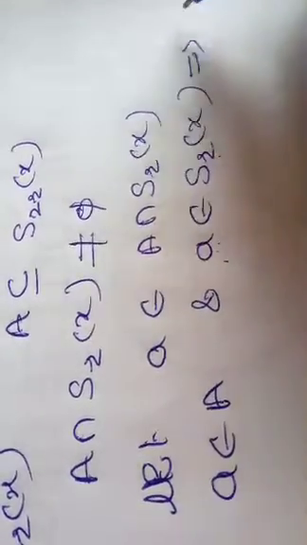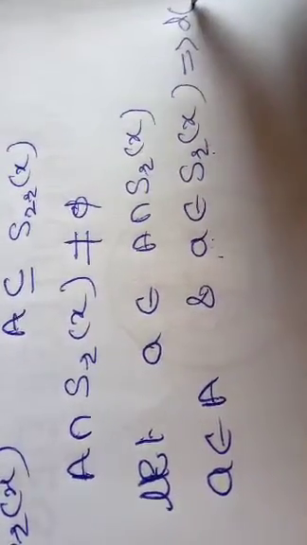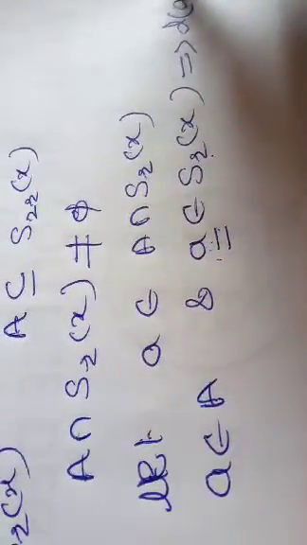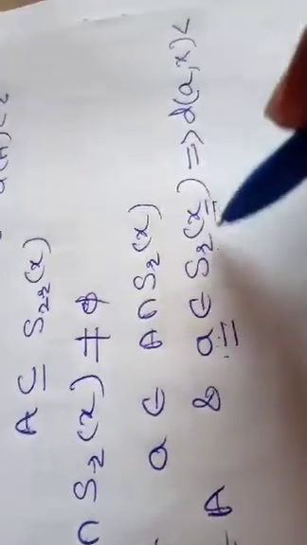But then by definition of open sphere, the distance between the point a and the center x is less than the radius r.